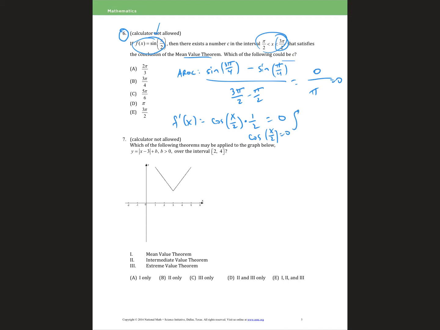And the place on the unit circle where cosine equals 0 is pi over 2 and 3 pi over 2. So x over 2 would have to equal pi over 2 or 3 pi over 2, and I multiply both sides by 2. And remember, the mean value theorem says I want things that are in the interval. 3 pi is not, so the answer is pi.